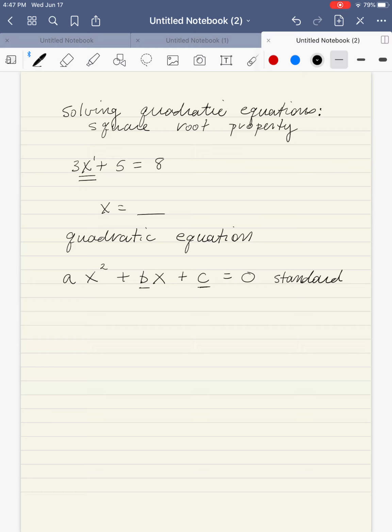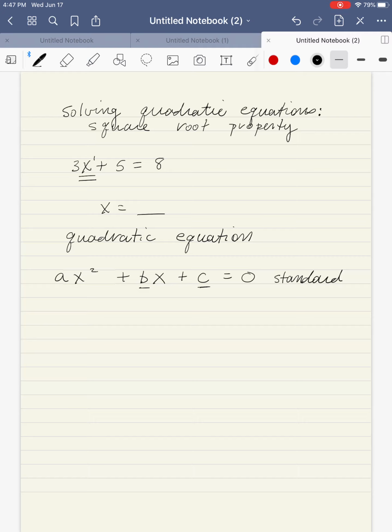B can be 0 and C can be 0, but A cannot be 0 because then, if that part weren't there, it would be linear. So we have to have the ax squared part, so A cannot be 0. And we're going to see that there's going to be several different ways to solve quadratic equations.